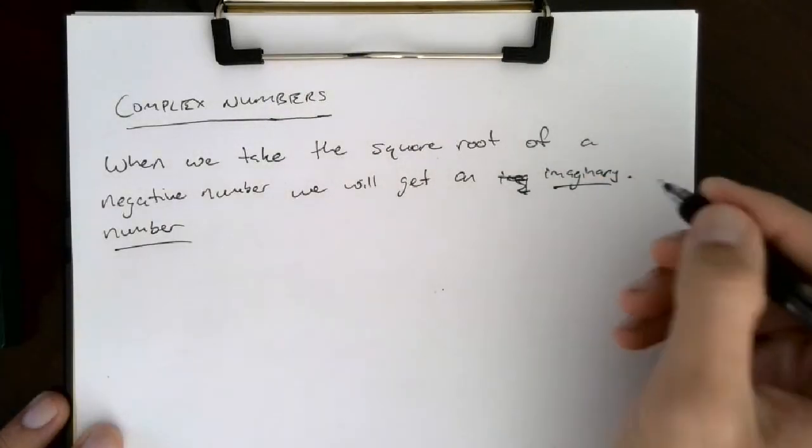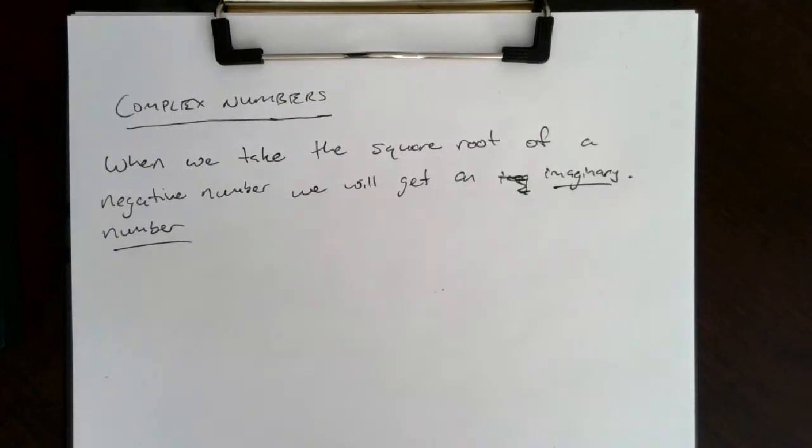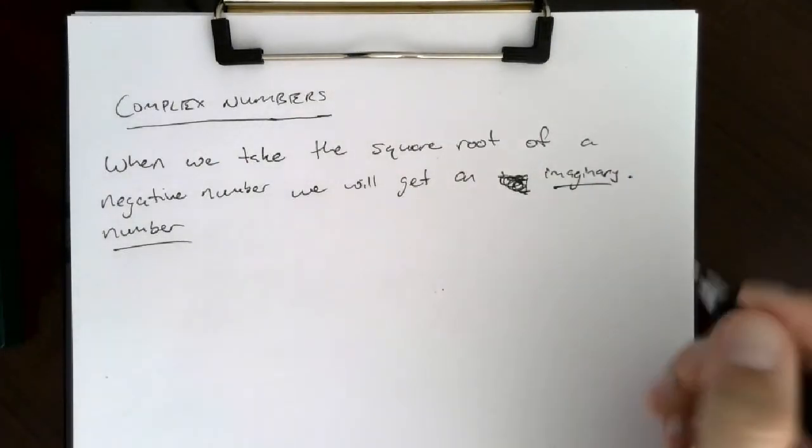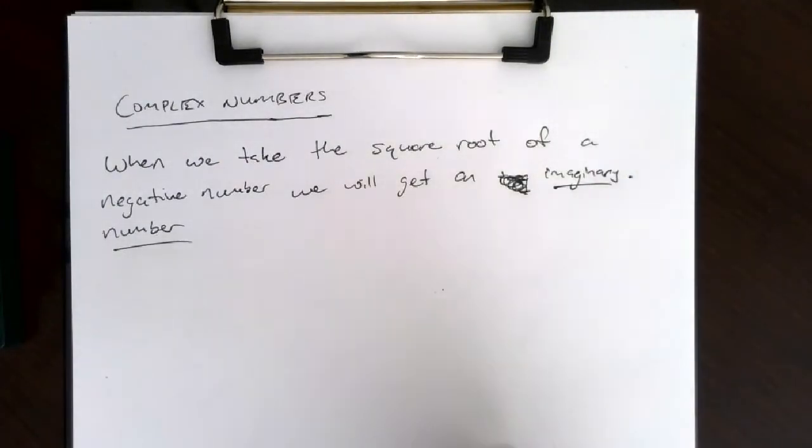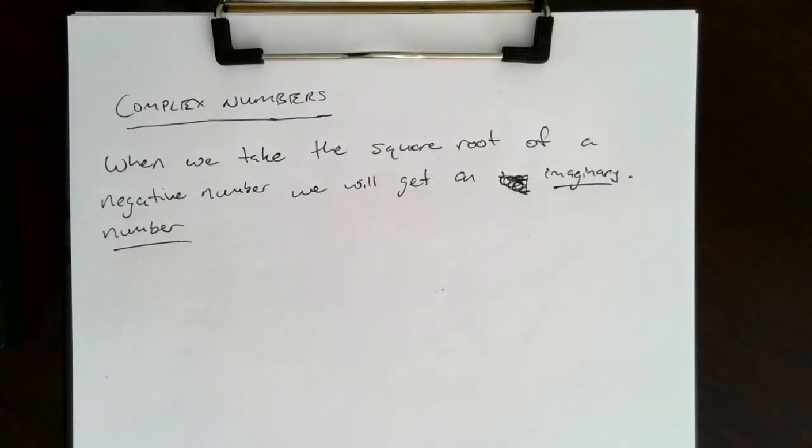So an imaginary number results from the square root of a negative number. Up until now, we would just say the square root of a negative number would be not a real number because there's no real number answer that you could get that would be a perfect square to give you a negative.